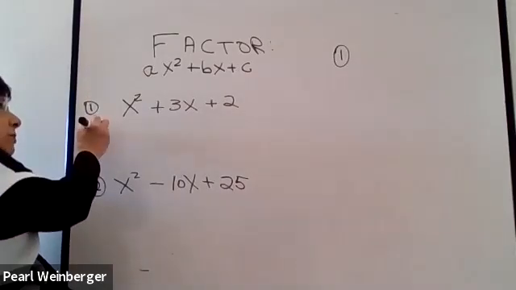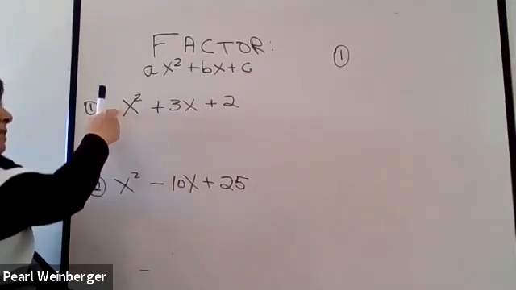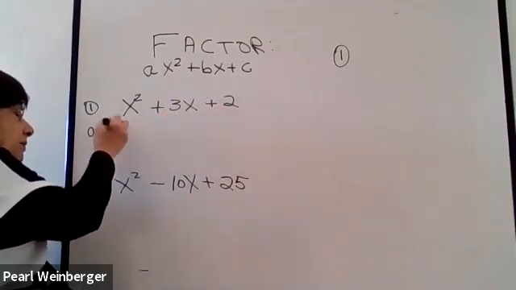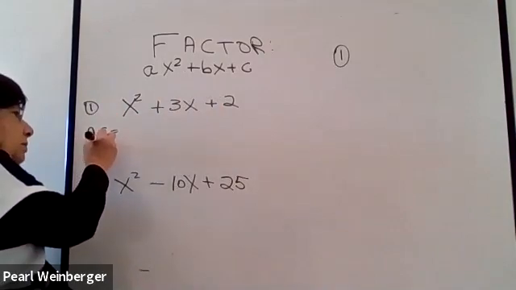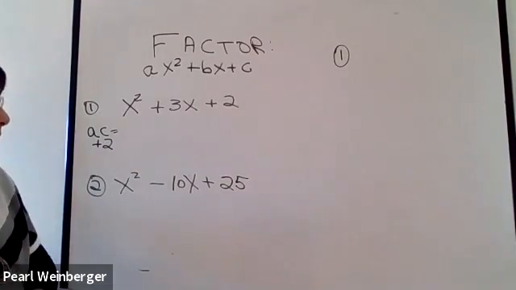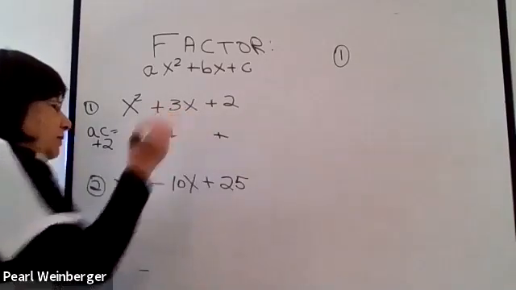She knows that the AC is 2 because there's no number here, so it's a 1, and this is a 2, and it's a positive 2. Let's always emphasize, because we're going to have to be very careful about that sign. So I know that my signs are going to be positives because the middle sign is a positive. So we're going to have 2 positives.